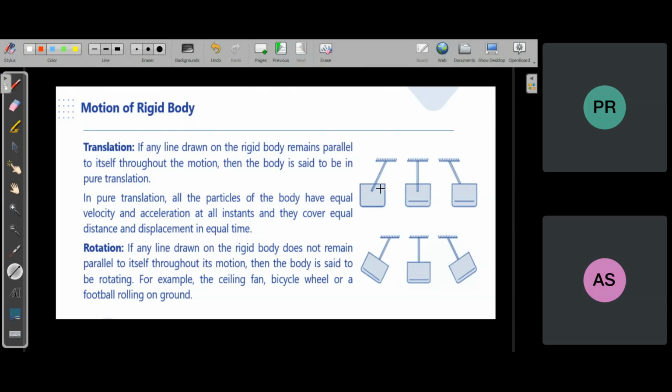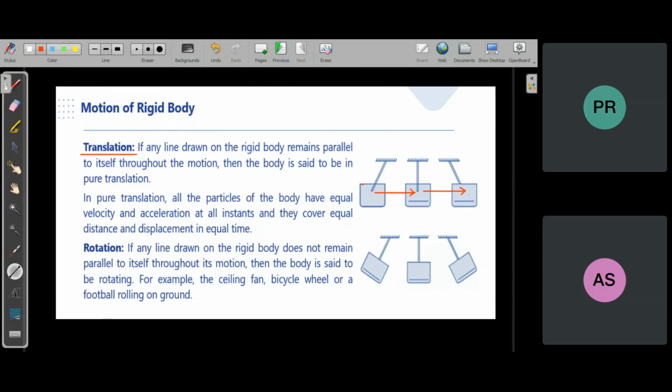For example, when this body is going from here to here, at every instant, velocity of all the particles of the body is the same. And acceleration at all instants is the same, and the distance and displacement covered by all the particles are exactly the same.